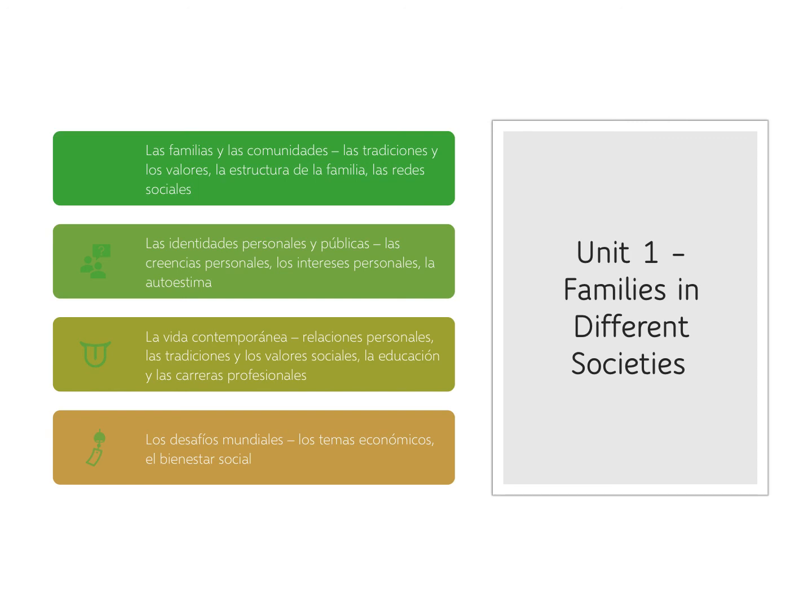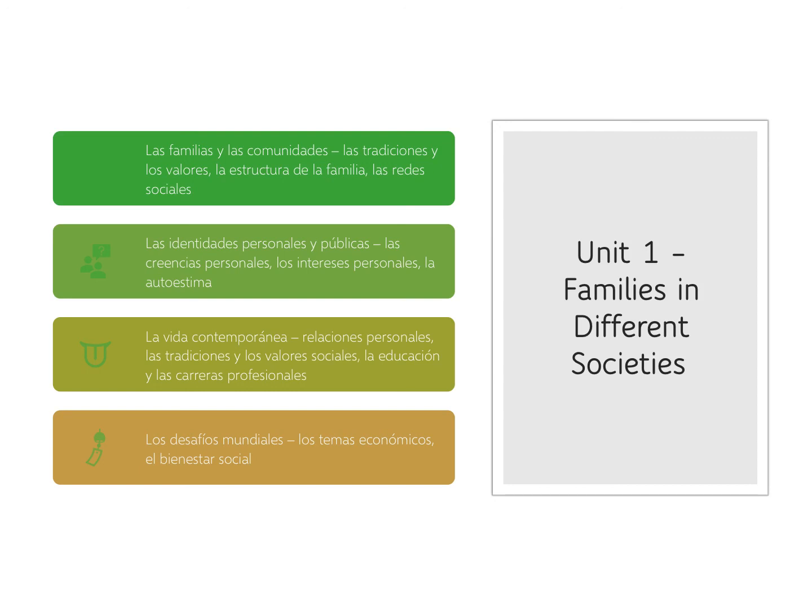So the first unit is families and different societies. It's going to cover 4 different things. The first one is las familias y las comunidades, and within that you're going to talk about las tradiciones y los valores, la estructura de la familia, las redes sociales. Another topic is then going to be las identidades personales y públicas, las creencias personales, los intereses personales, y la autoestima.